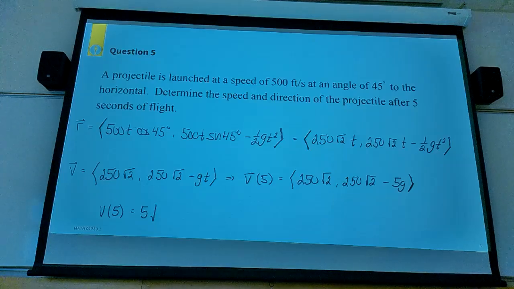What's 250 over 5? 50. What's 50 squared?